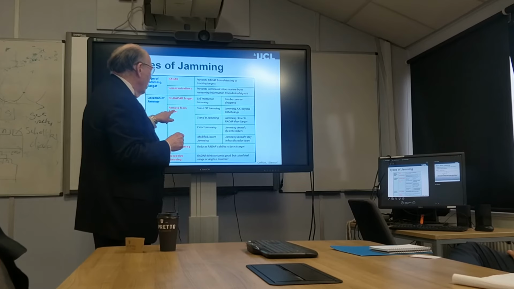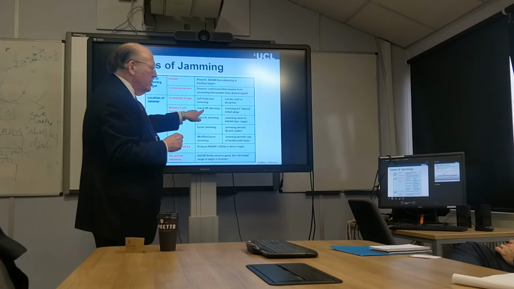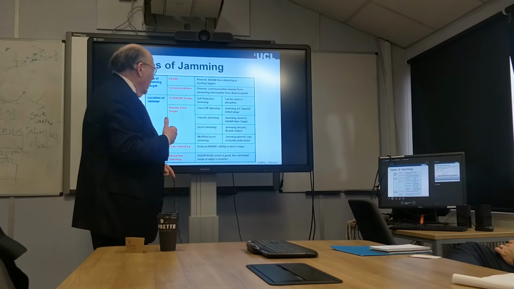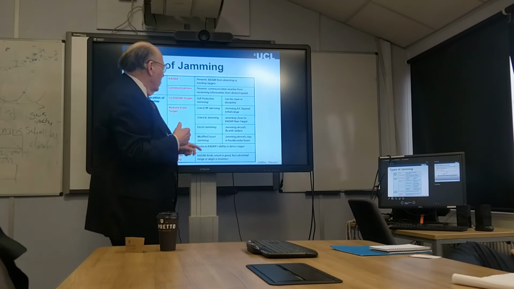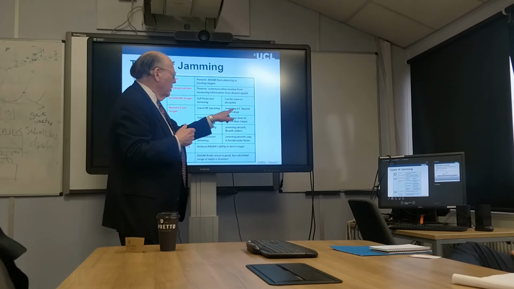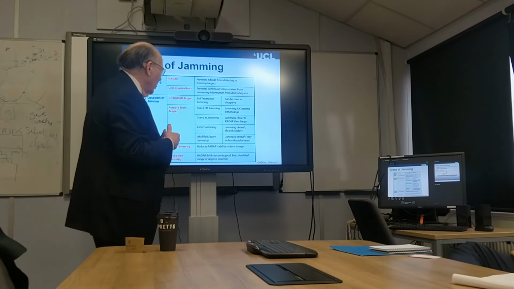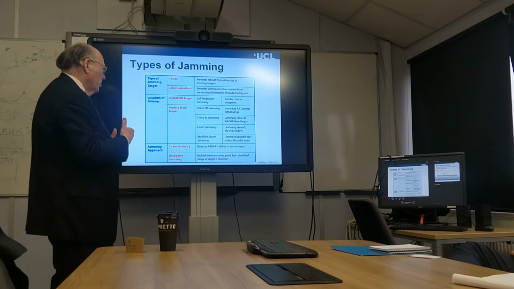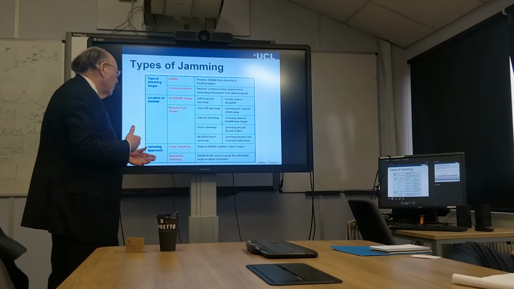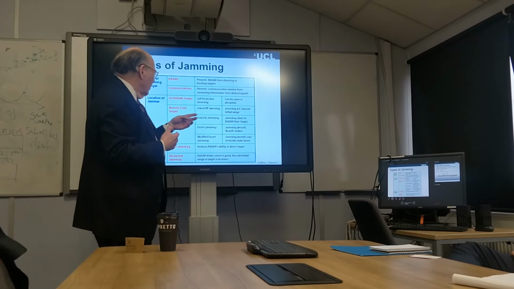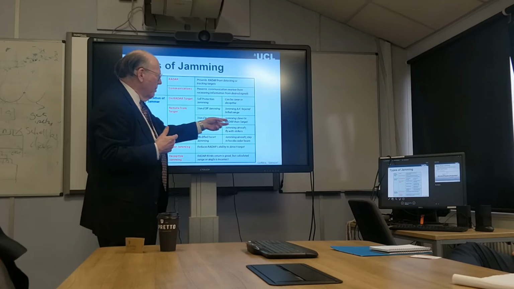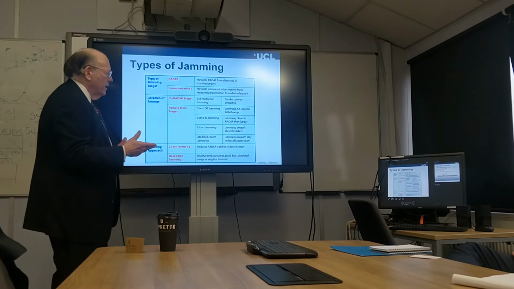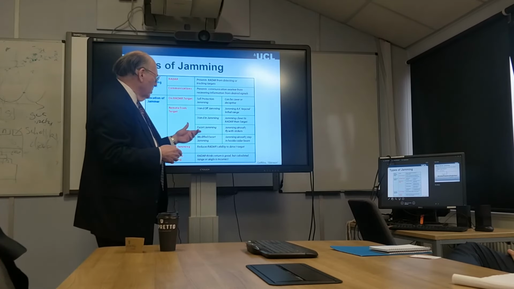If the jammer is remote from the target, it can be standoff jamming. We talked about standoff jamming a little bit before: the jamming aircraft is beyond the lethal range. So we want the standoff jammer to stay out of the lethal range of the threats that it's jamming. For stand-in jamming, the jammer is closer to the radar than the target, and that is the most effective jamming technique if you can do it.